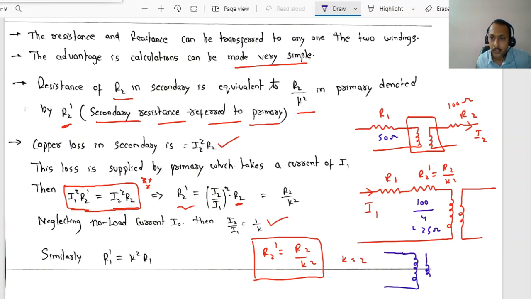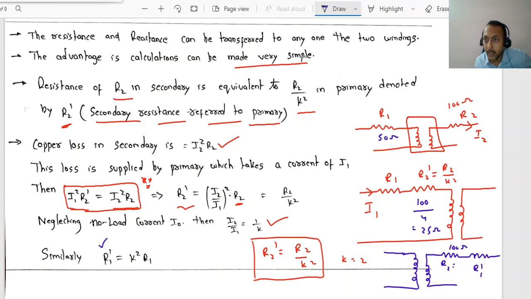Now you want to shift it to the secondary side. Secondary side already has R2. It won't get disturbed. R2 is fixed, 100 ohms. Now you are shifting the resistor in the primary side to the secondary side. What name should you give? R1 dash. Very important. The name you should give is R1 dash.